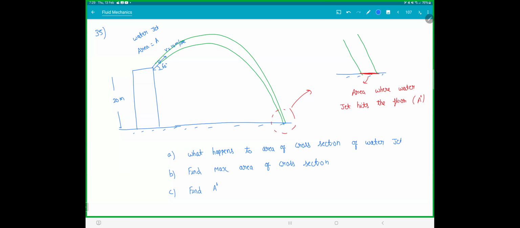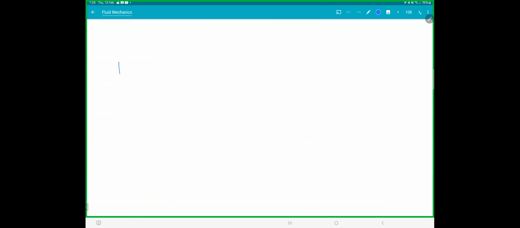Let's see. So as the water jet goes up, what happens to the speed? It decreases, right? Till h max, the speed will decrease and then the speed will increase. So if you actually look at the cross section, it increases and becomes maximum at h max and then decreases again.